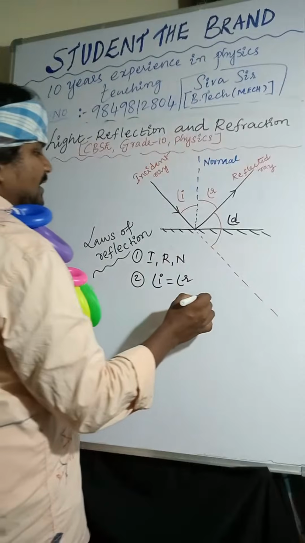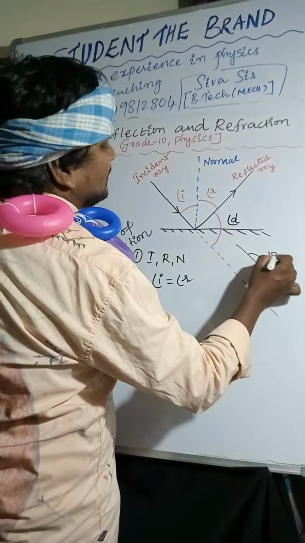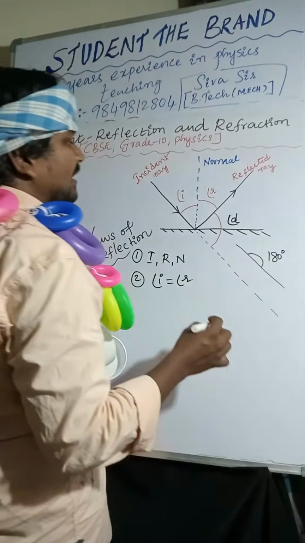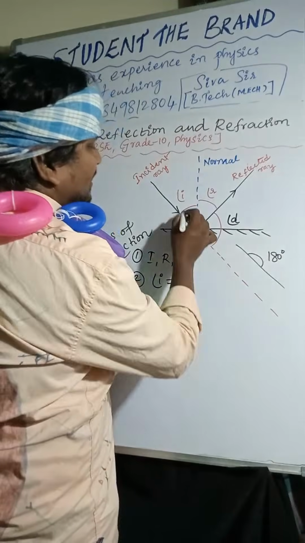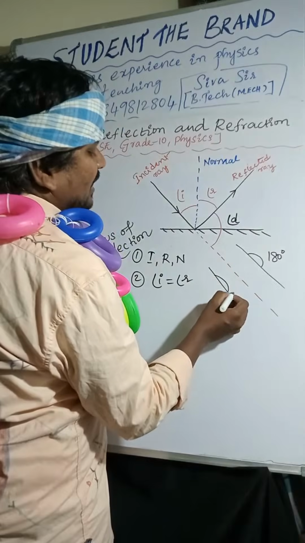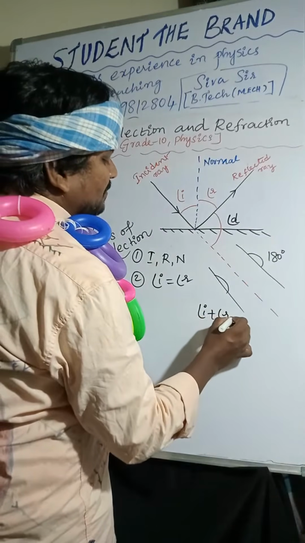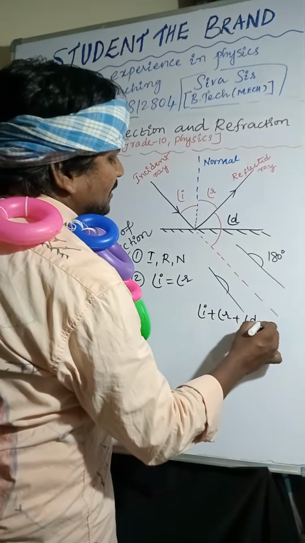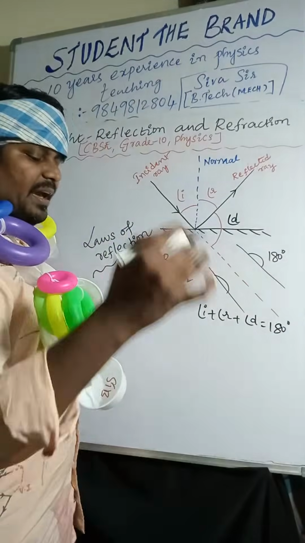Now I am considering the linear angle, which is 180 degrees. On the linear angle you can see that angle of incidence plus angle of reflection plus angle of deviation equals 180 degrees.